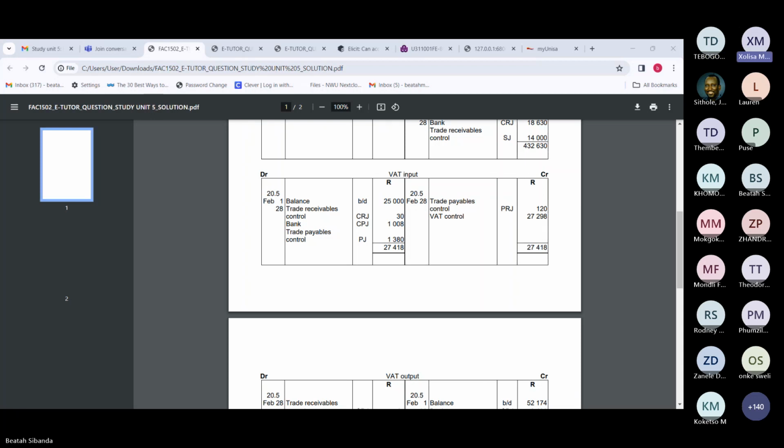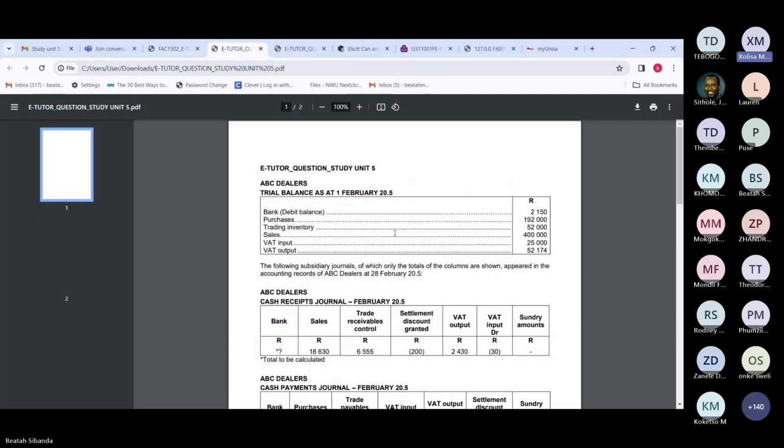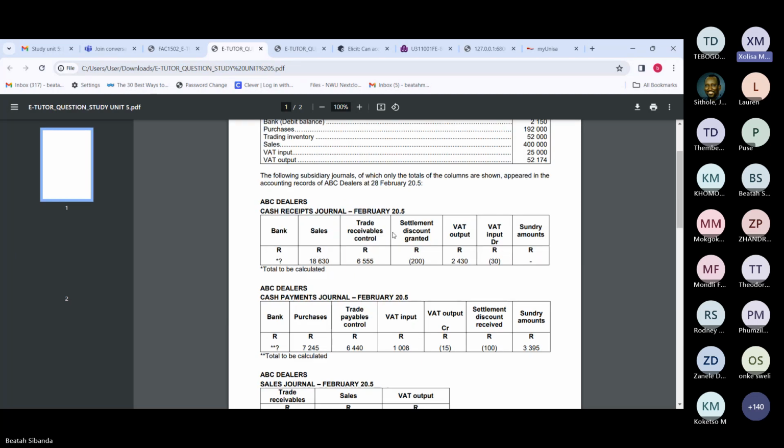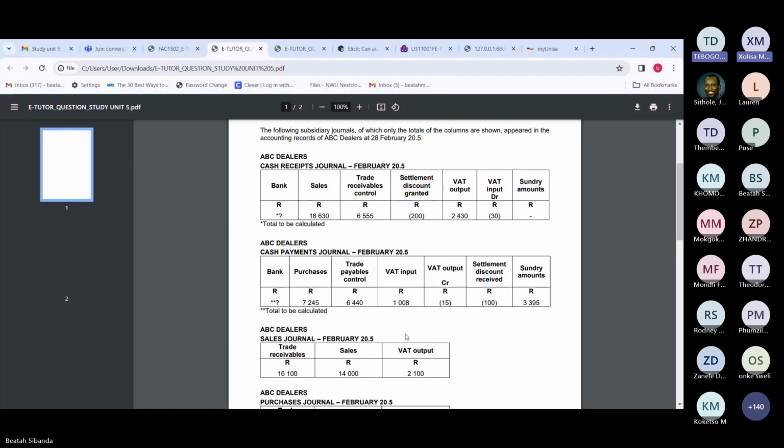Then remember that we made credit purchases. We bought on credit. We bought 10,580, right? Just go a little bit down.